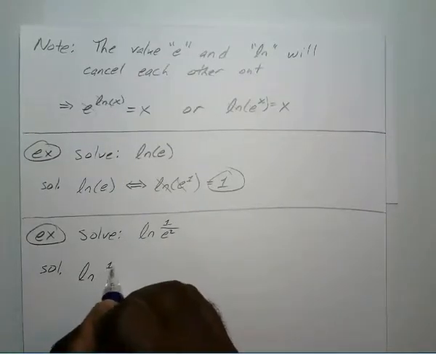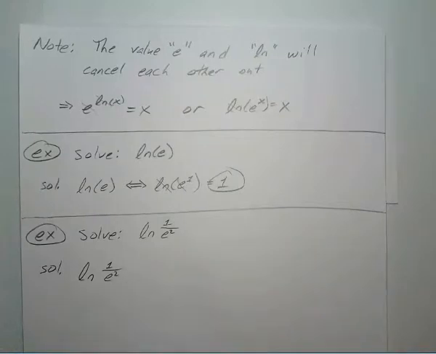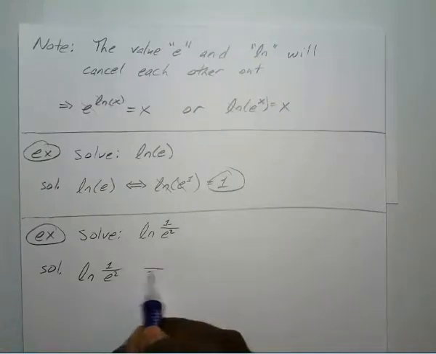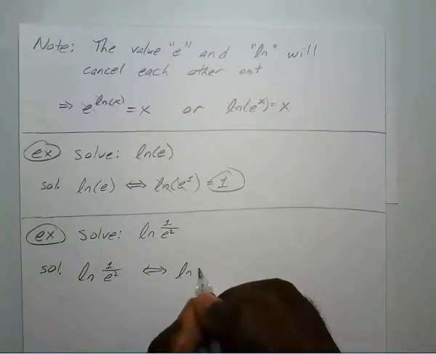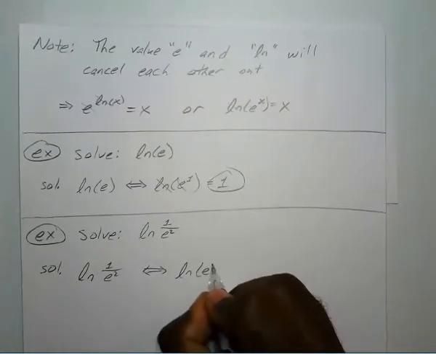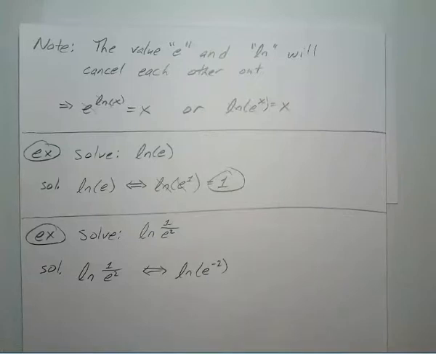Natural log of 1 over e squared is the exact same as saying natural log of e to the negative 2 power, because 1 over e squared is just equal to e to the negative 2 power.